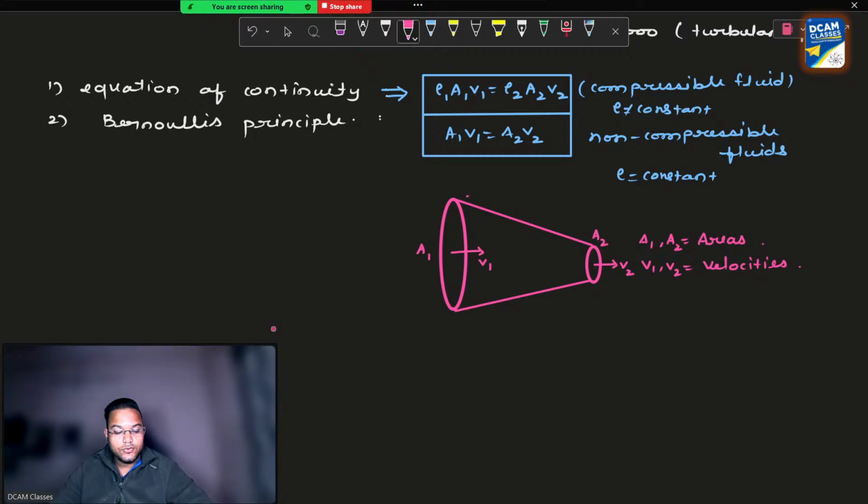Now see, I'll tell you the derivation of this also. Actually, it works on the principle that the rate of flow of the fluid is the same. How does the equation of continuity work?